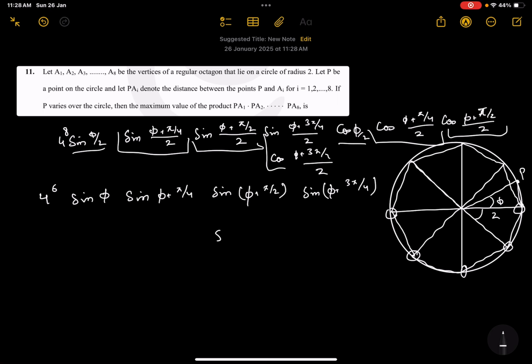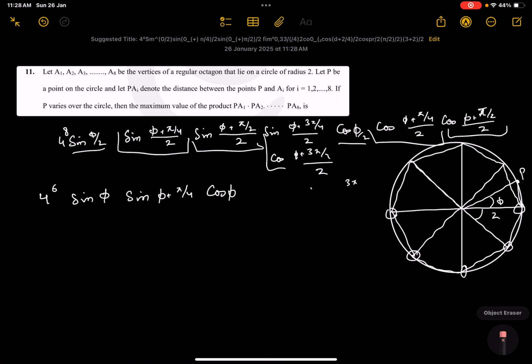Now we'll use the identity sine of (theta plus pi by 2) is cos theta again. So this becomes cos phi and this becomes cos (phi plus pi by 4).